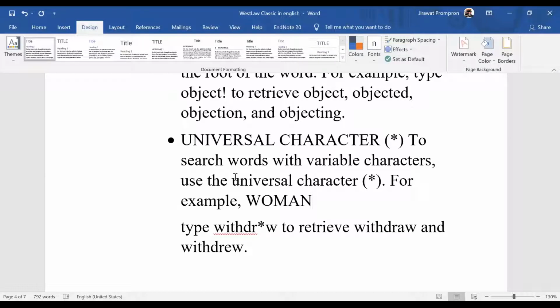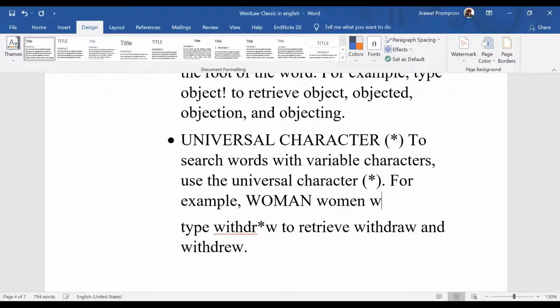This is the singular, and the plural of woman is women. I'm not sure whether Westlaw finds singular and plural, so just apply the universal character to it. You can look at that: there is only one character that differs. Singular uses A, plural uses E, but the meaning is the same, in different forms.